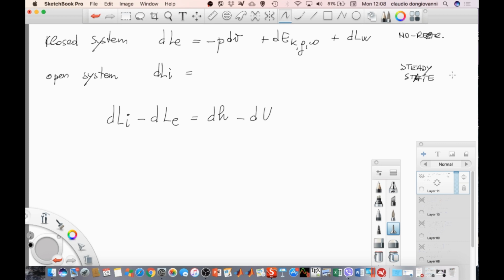But do you remember the relationship between H and U? Both of them are state properties.